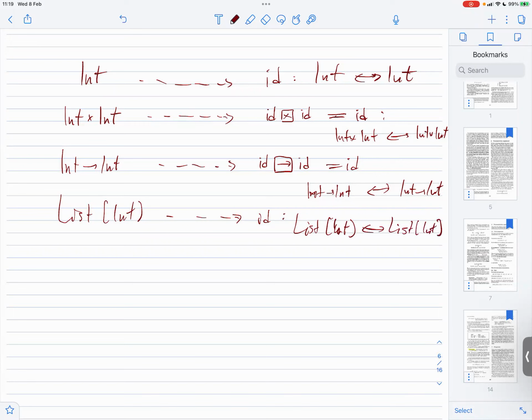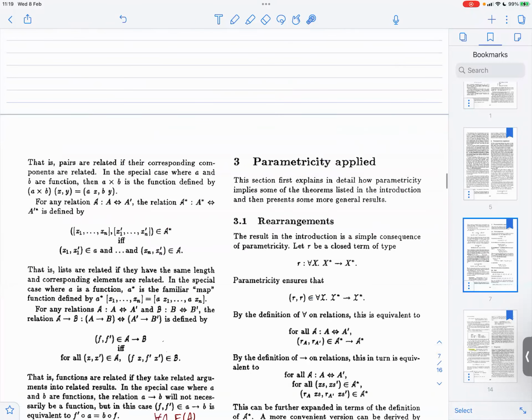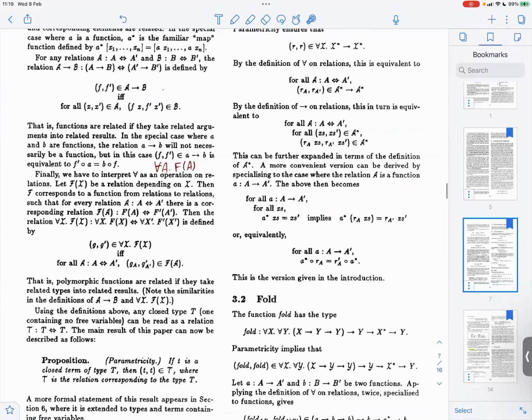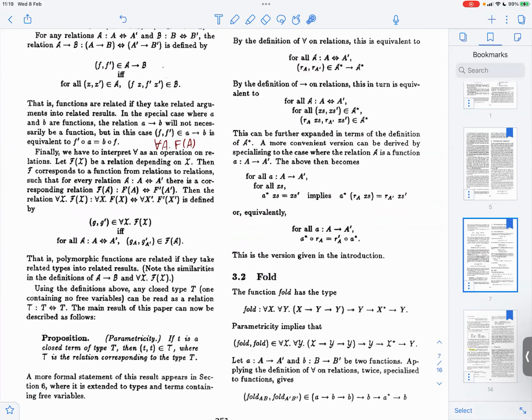And so when I first read this paper, I skipped this part because I could not understand what is going on. Why are we suddenly talking about some new cursive f and f prime that weren't promised to be talked about? So I just skipped that. And then I said, okay, well, we only get identity relations. So this must be an identity relation. But that is not true.